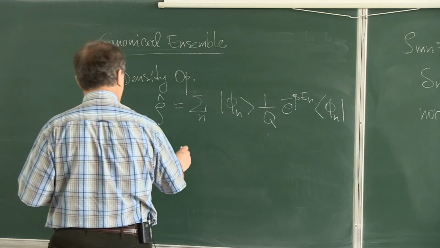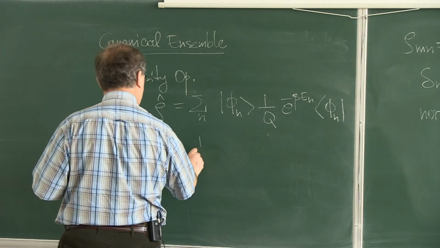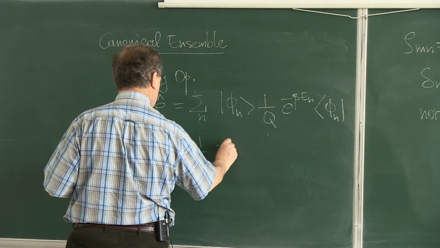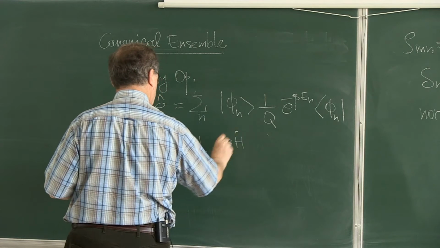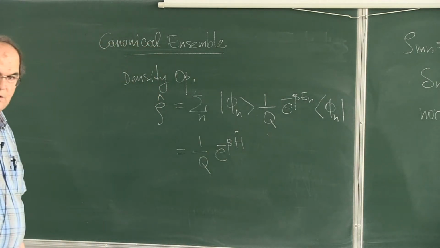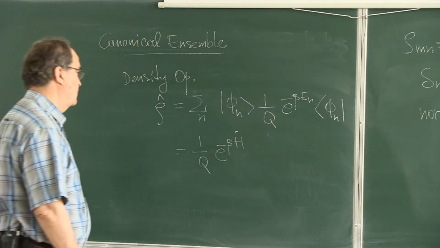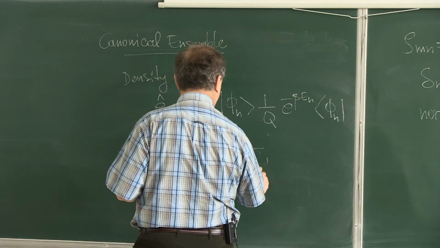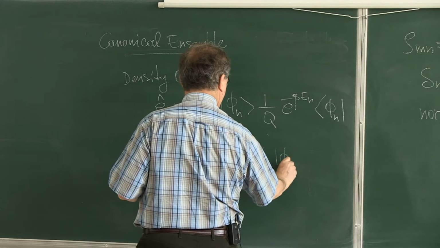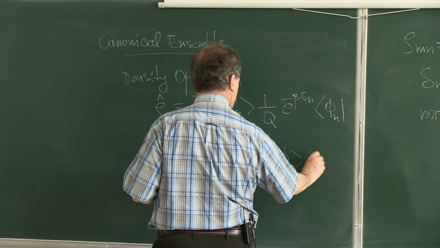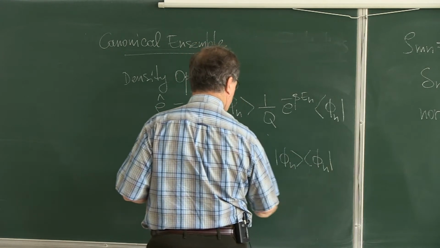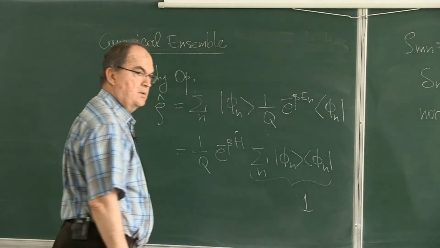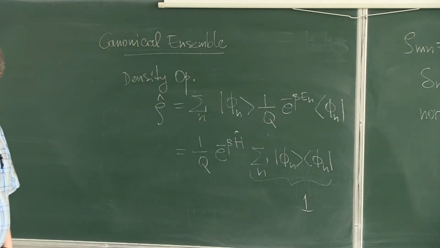So it can be rewritten as 1 over the partition function, e to the minus beta H, the Hamiltonian operator. And what remains is the sum over phi_n, phi_n, and this is the unit operator, as you might remember. Okay?